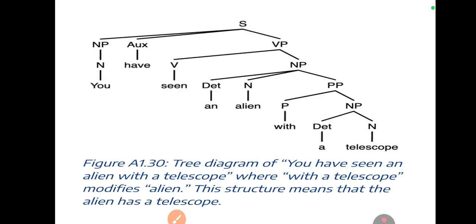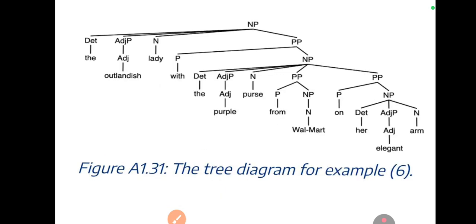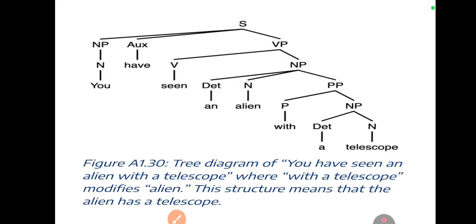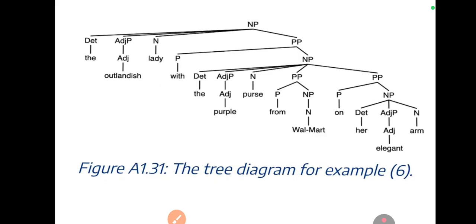Okay, now moving to the next sentence, the tree diagram for example sixth one, right? This is actually different, not discussed in the list which I showed on the blackboard.